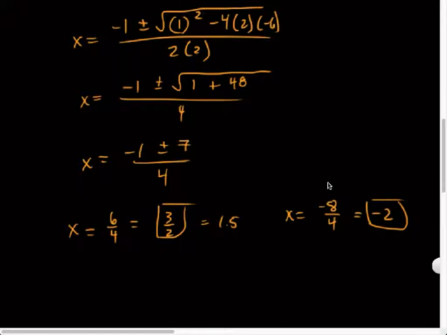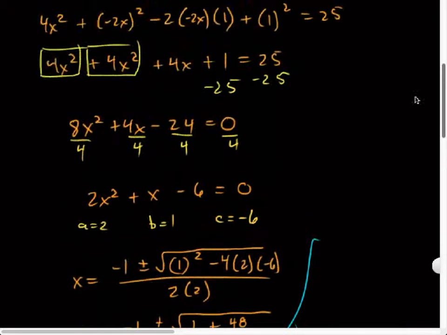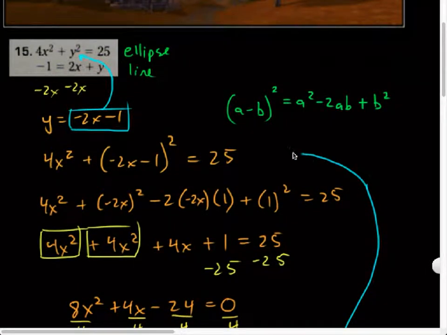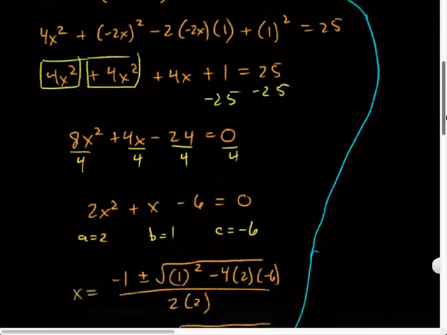I'm now going to plug them both into one of the other equations and solve for y. Actually, I think I have a nice revised equation to work with. Let me scroll back down. Y equals negative 2x minus 1. If I plug those in there, I can find their corresponding y values.